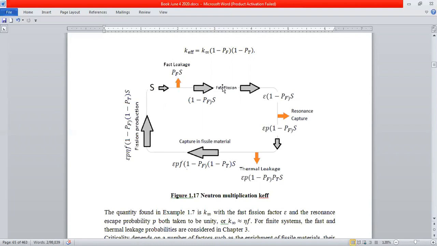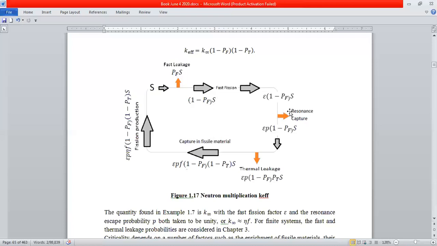Some of them would let fast fission take place, and so there's a fast fission factor epsilon. So the (1 minus PF) times S has now increased because some fission neutrons have come out. Now remember I showed you those horrible peaks, and I said they come from the excited states of a nucleus.